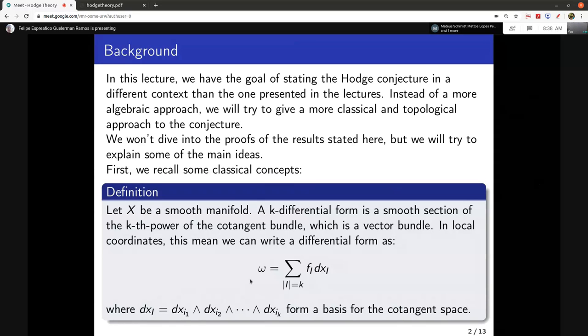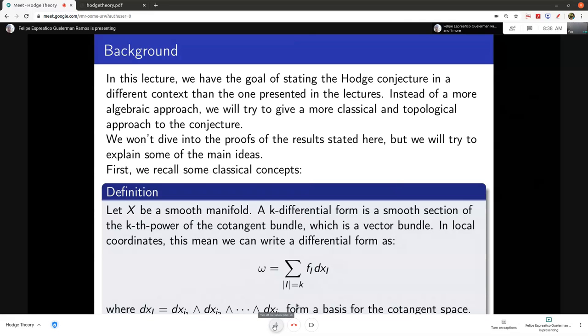In local coordinates, we can write it as functions times dx_I, where I is a set of indexes with size k, and this means we are just considering the wedge product of dx_i1, dx_i2, up to dx_ik.